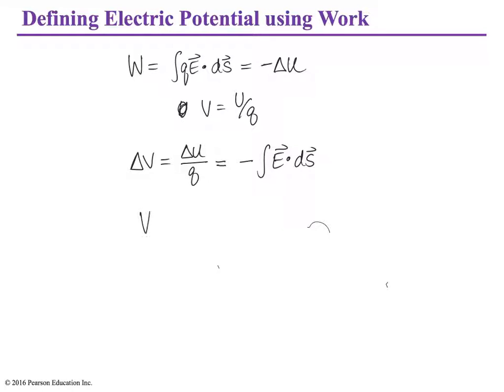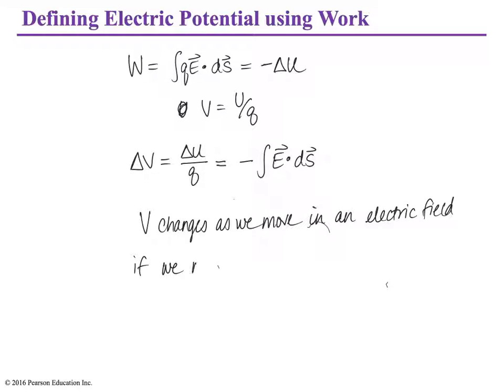So potential changes as we move in an electric field. If we move with the electric field, the potential is going to go down.